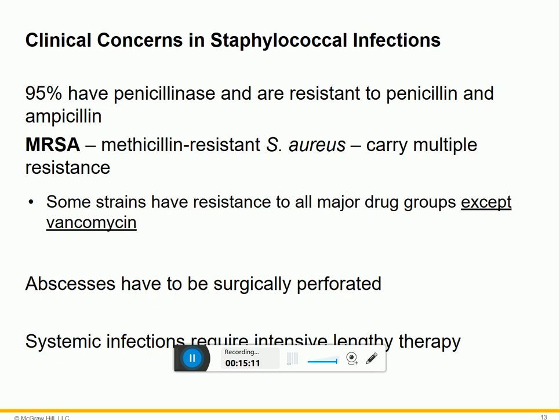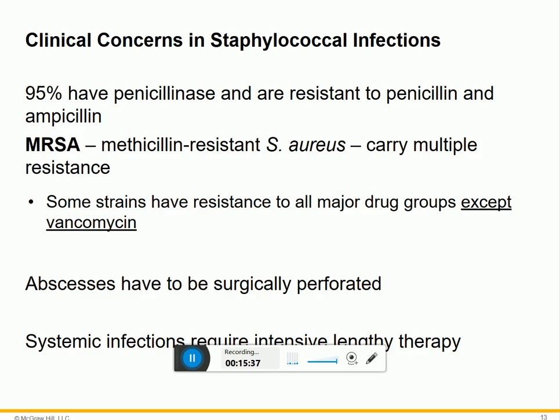And some strains are actually resistant to every single antibiotic except for vancomycin. Okay, so we do not treat staph infections with vancomycin as a first option because we do not want them to develop resistance to vancomycin. Okay, so some strains are, others are not, and we like to keep it that way.